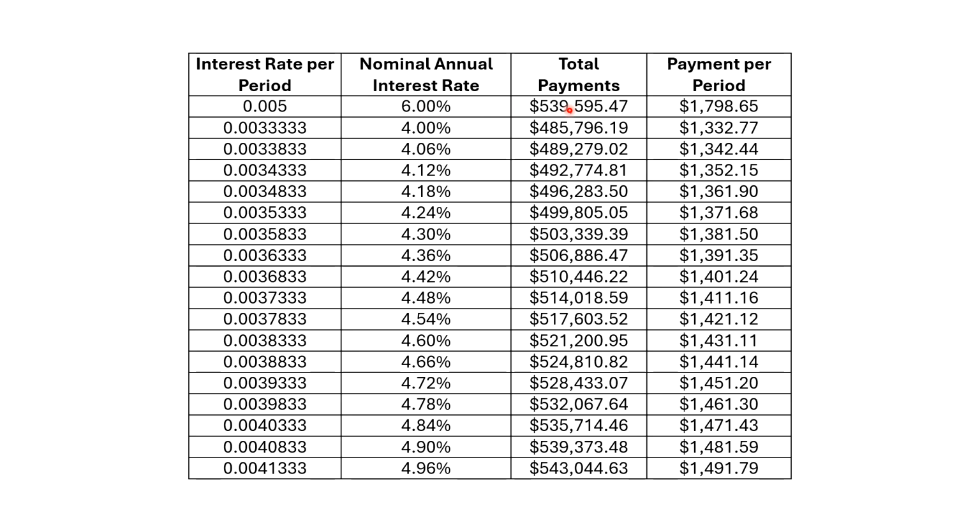So the top line here is the current situation. The Butterfields are paying this 0.005 rate per month. Nominal rate is 6%, and the total payments is this number here, and this is how much they're paying per month.